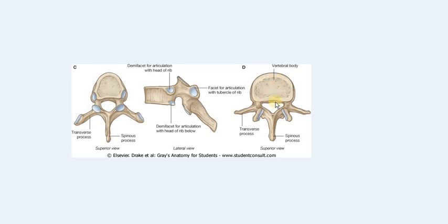The size of the vertebral body of the lumbar vertebrae is very large. And the vertebral foramen is triangular in shape, but it is smaller than in the cervical vertebrae.